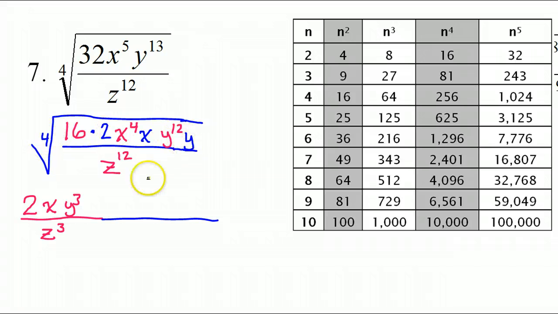So here comes everything in blue: the fourth root of 2xy. I'm putting it up here in the numerator because there is no denominator. If there had been a denominator, I would have just put it next to the fraction. But there's not, so there you go. That is your final answer for number 7.